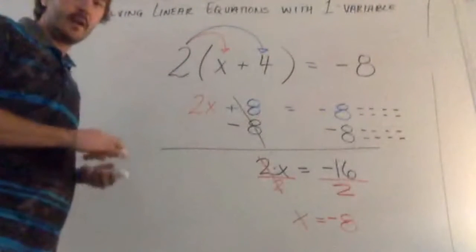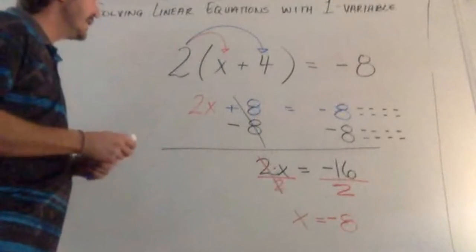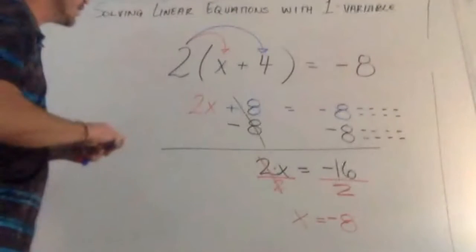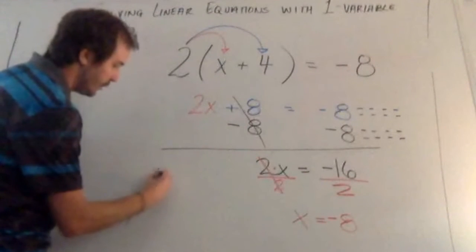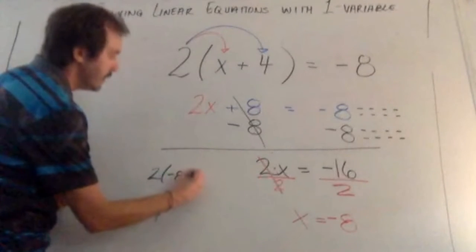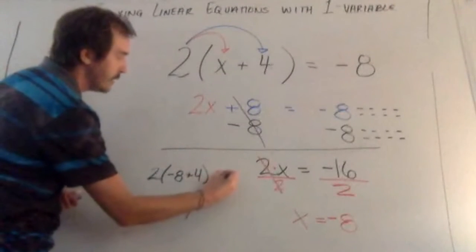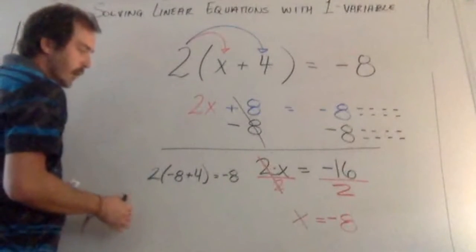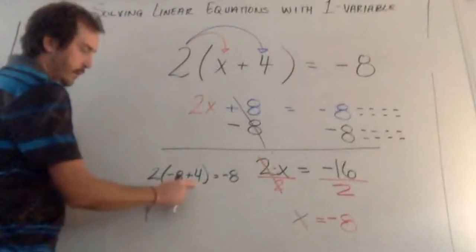Now, this is where checking your answer is very important when we get to these more complex equations. So I have 2 times negative 8 plus 4, and that all should equal negative 8. Order of operations: negative 8 plus 4.